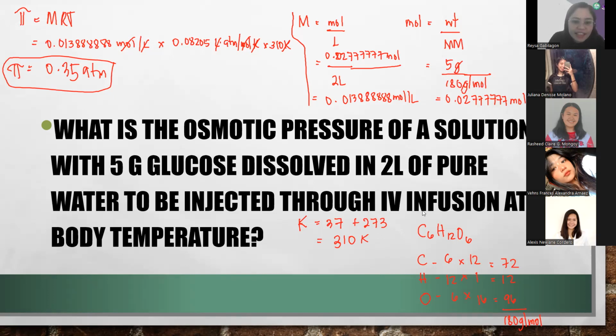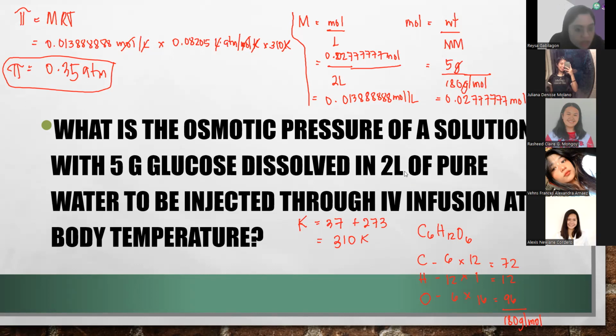Okay, so again, in this problem, we are computing for the osmotic pressure of the solution of the glucose. So molarity is not given. That is the reason why we started here on the right side. We computed first for the moles, since moles is not given, but the amount in grams is given: 5 grams divided by its molecular weight, 180 grams per mole. We get the moles here, and then we use the moles to compute for the molarity by dividing it by the liters of solution.